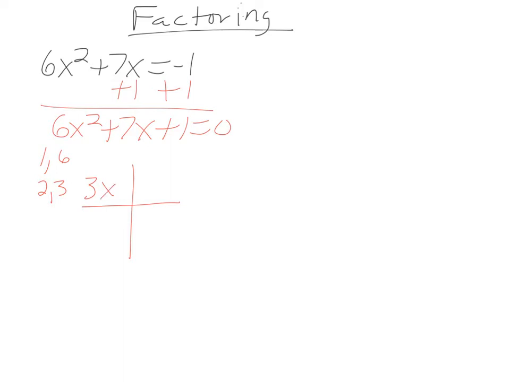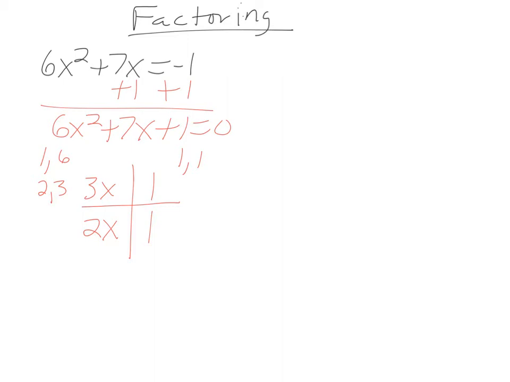So 3x and 2x, because 3x times 2x is 6x squared. Whatever you have on the left-hand side has to equal that 6x squared. Then on the right-hand side, I have to have the factors of 1, which is easy: 1 and 1.